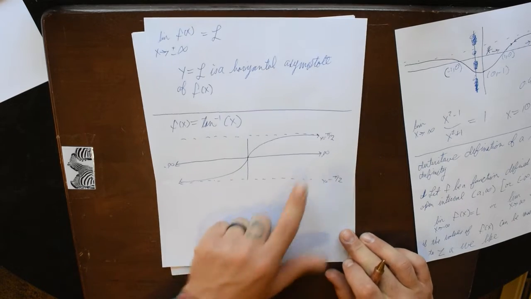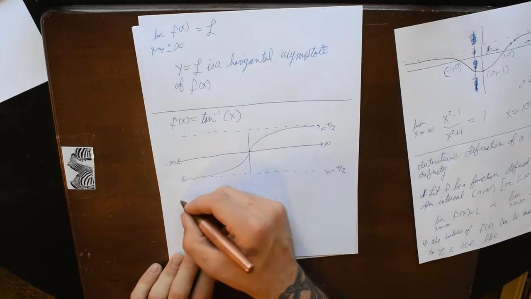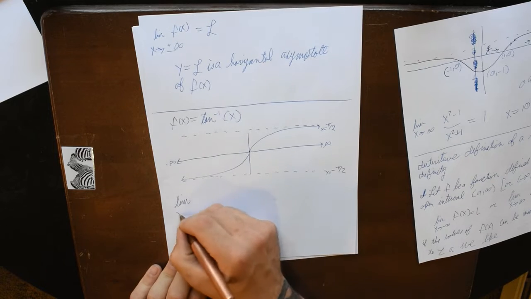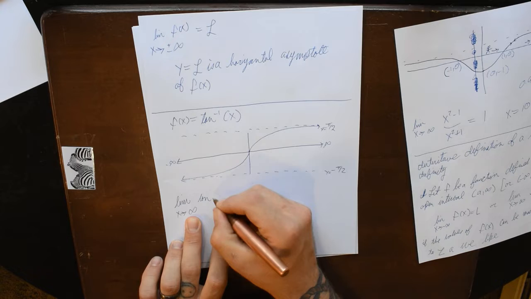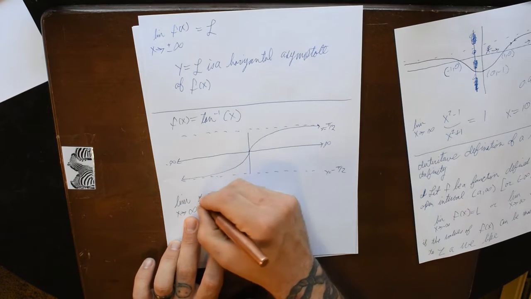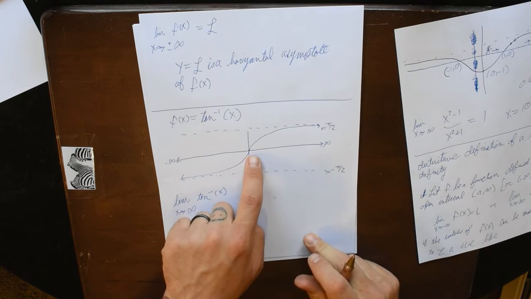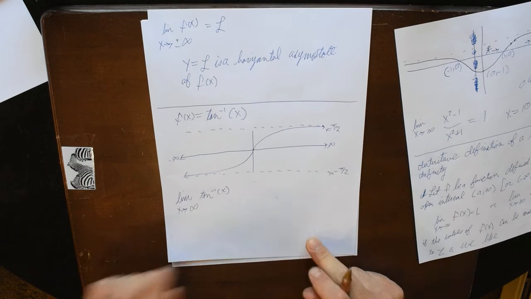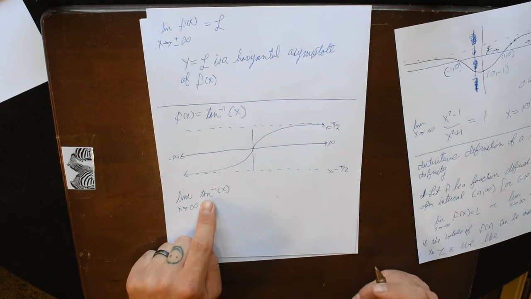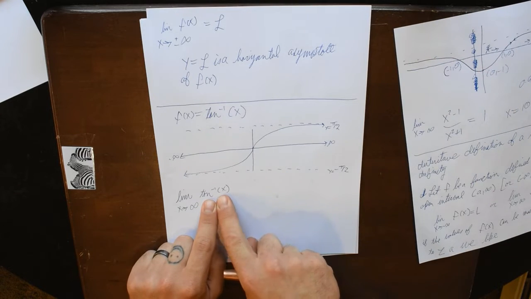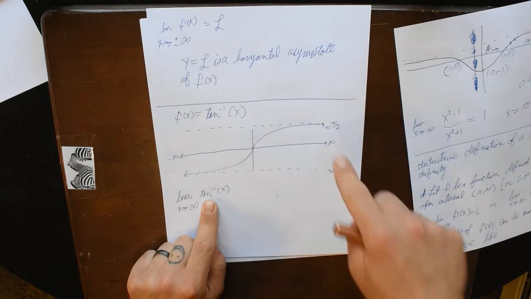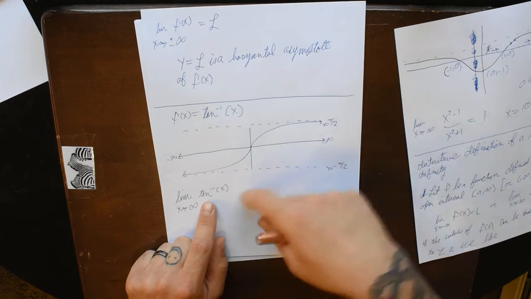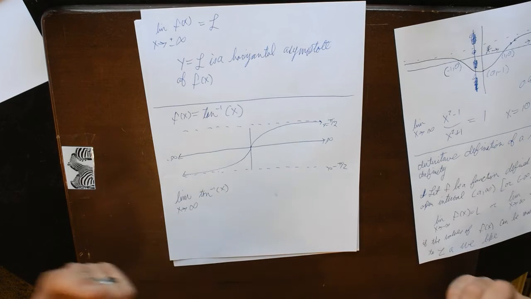So from the graph of tan inverse of x, we can see that the limit as x gets really big in the positive direction of the tan inverse of x is pi halves. The range of tangent is every real number, so the inverse of tangent will accept every number from negative infinity to positive infinity as an argument, and it will only return values between negative pi halves and pi halves.